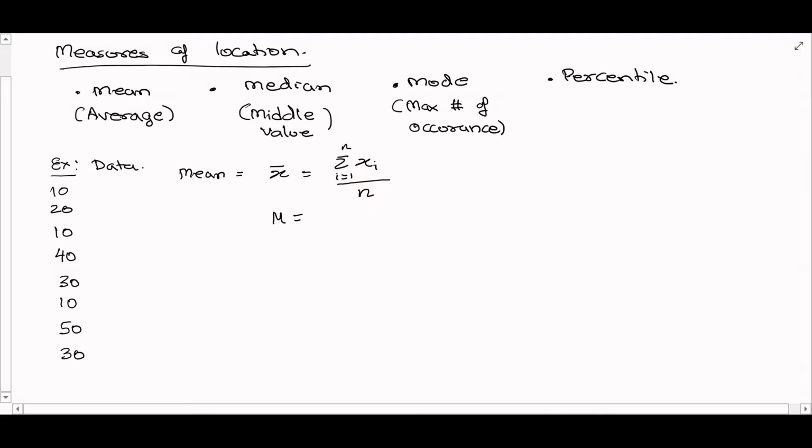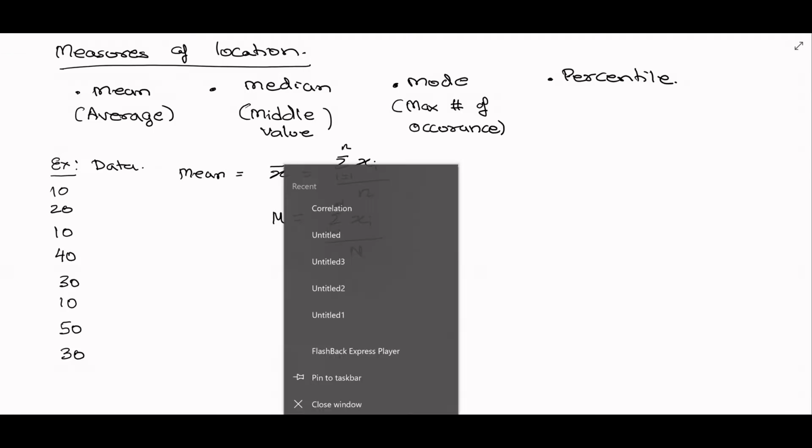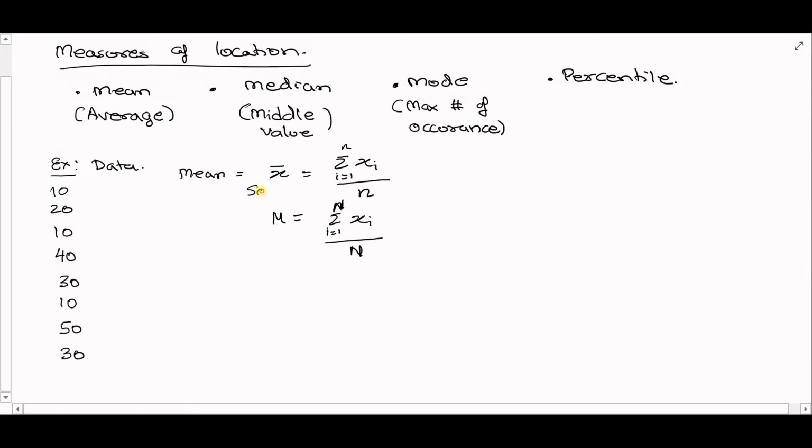Notice here the lowercase n is the number of observations in the sample, and to get mu, the population mean, one would do the same operation, take the sum across all observations, but now across all the uppercase N observations, which is nothing but the population.